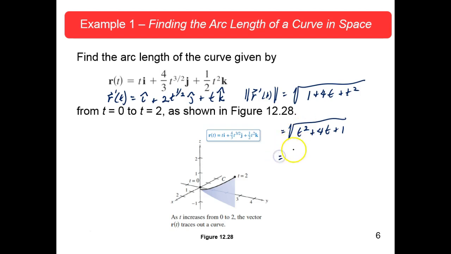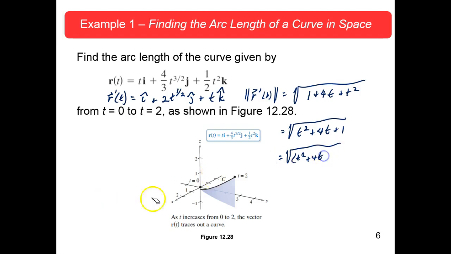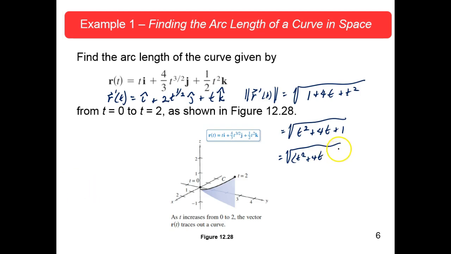And I'm going to take the first two terms, t squared plus 4t, leave a blank after that. I don't think the book quite does it this way. And then a plus 1 here.